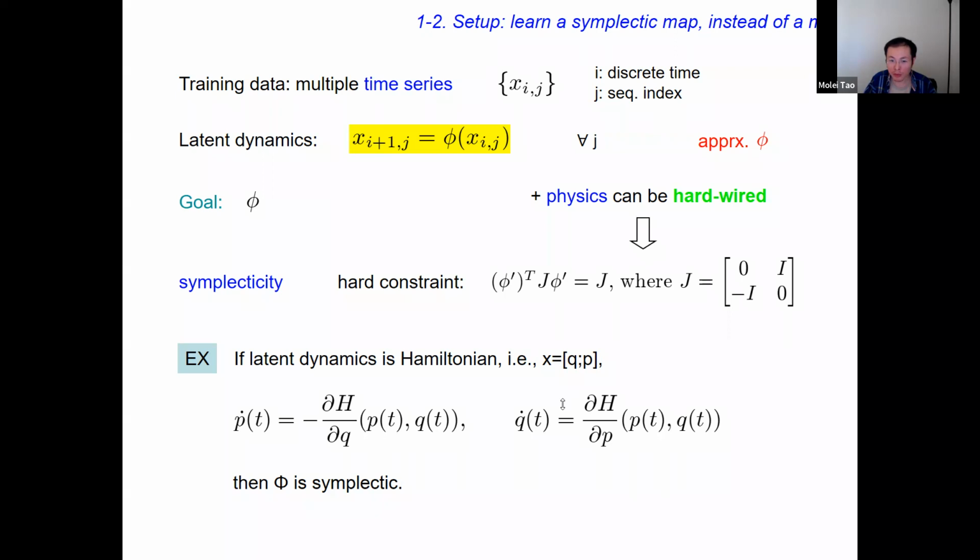So that was done. In the beginning, there was HNN, which just learns the Hamiltonian function. It's better than just learning the vector field, because it gives you a little bit of attention to the structure. But then the integration is done by forward Euler, and then the structure is lost.